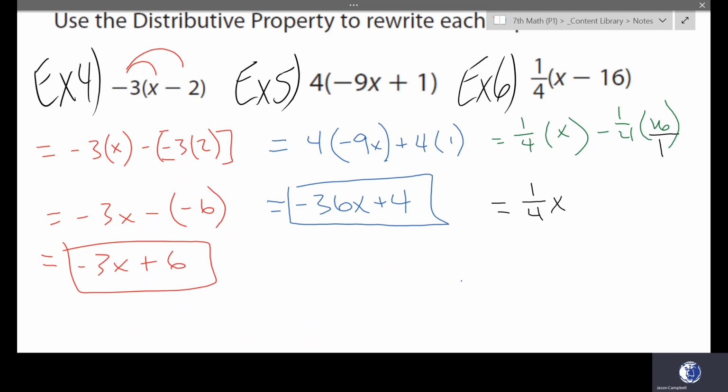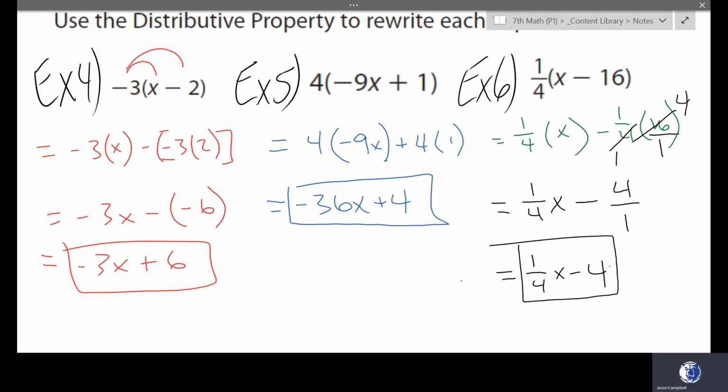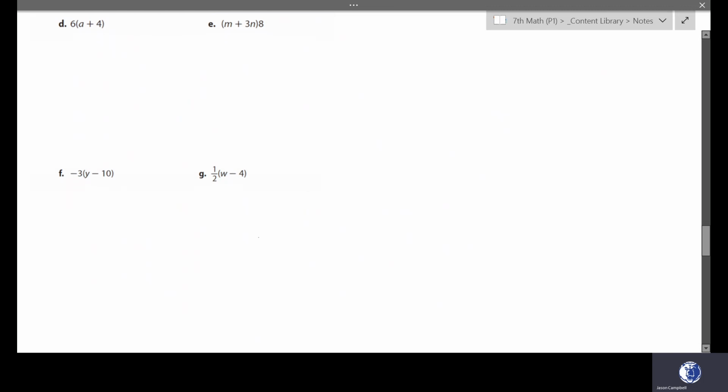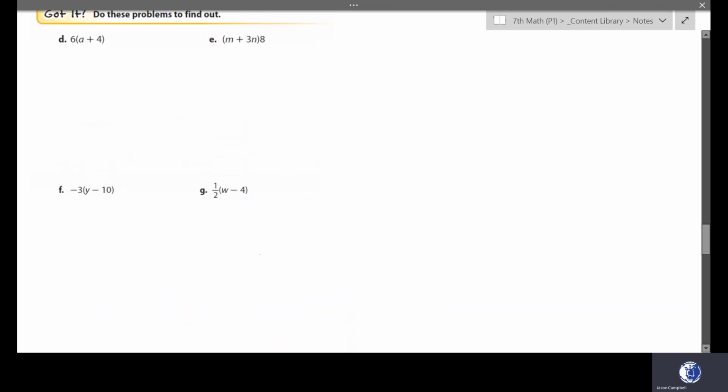And over here, we can actually cross cancel the 4 and the 16. 4 goes into itself 1 time, 4 goes into 16 4 times. So on the top, 1 multiplied by 4 is 4. And on the bottom, 1 multiplied by 1 is 1. And that was subtraction. 4 over 1 is just 4, so this is 1/4 x subtract 4. Go ahead and try got it D, E, F, and G, and then resume this video when you're done.